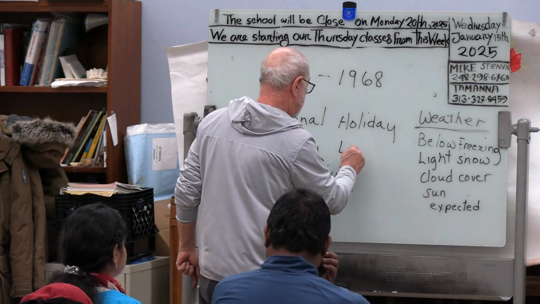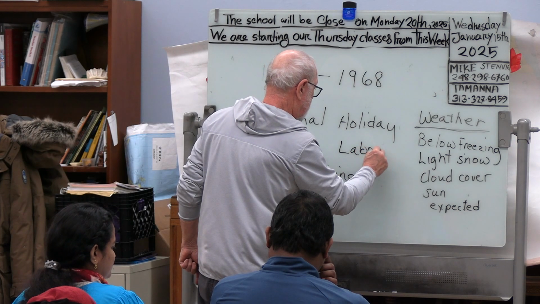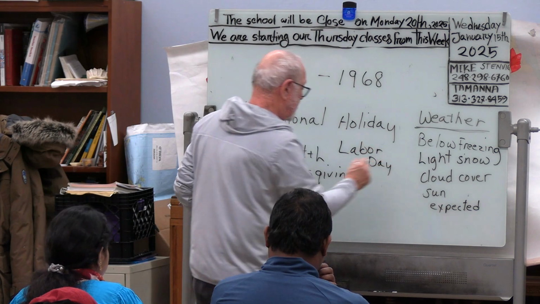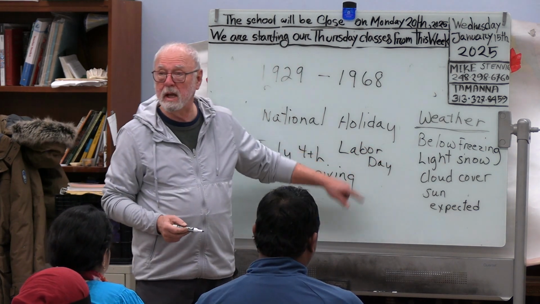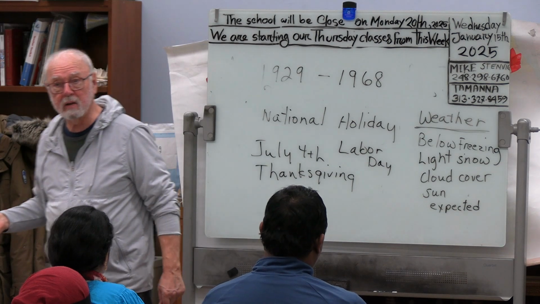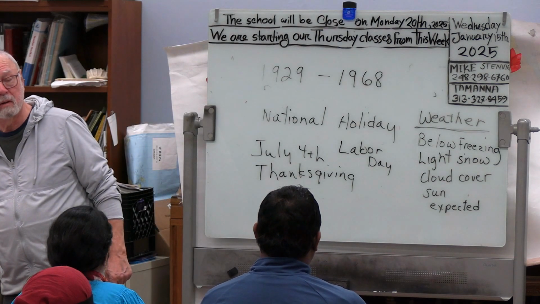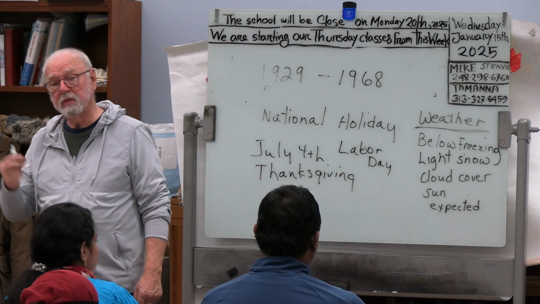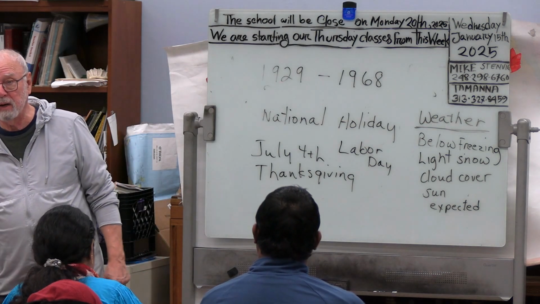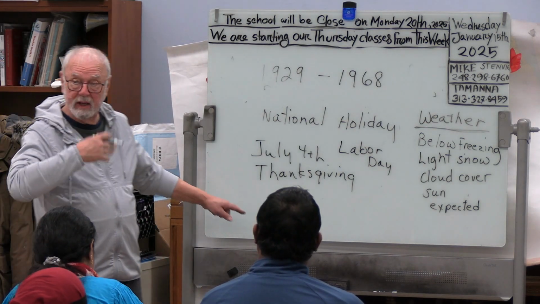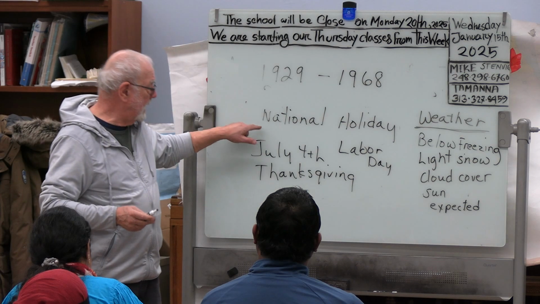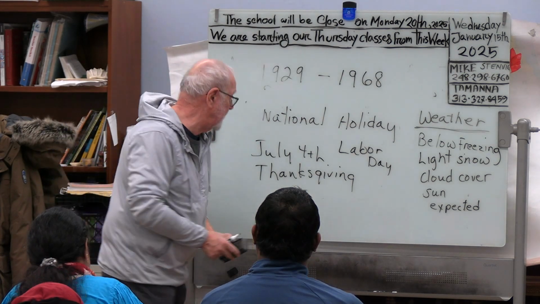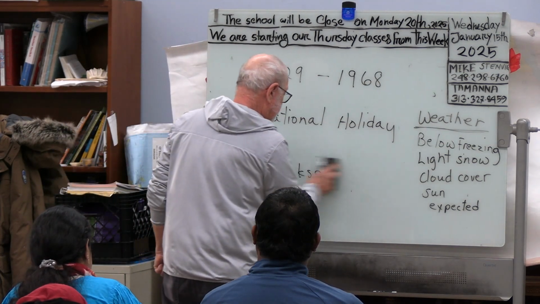How about this one? Labor Day. What's that? What's labor? Workers. A day for the workers. Labor Day. There's a list of them. But I won't go into that today. But today is not the holiday, even though today is his birthday.